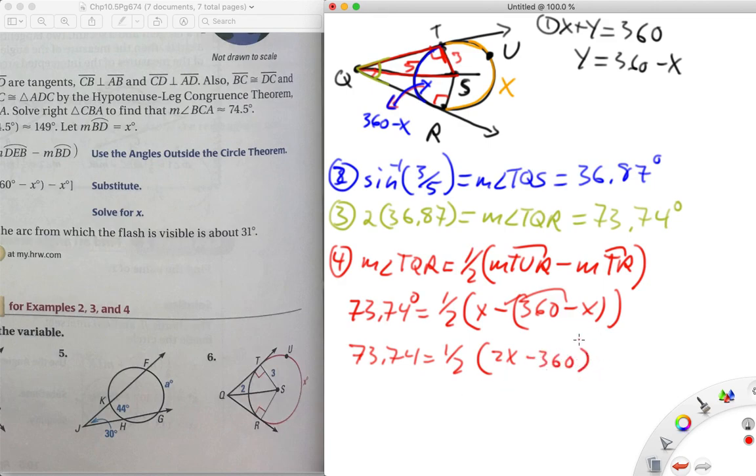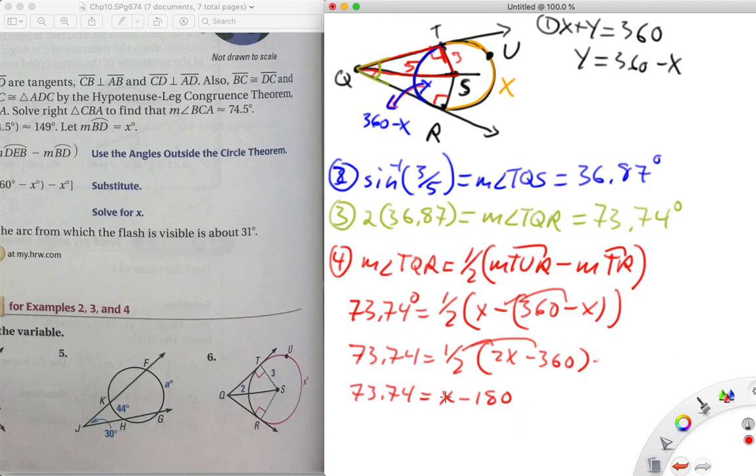Okay. Multiply by 2, add 360 on both sides, divide by 2, or if you want to distribute this 1/2 out, we can say that this is X minus 180. Actually, I'll rewrite it down here. I don't want to confuse people. So 73.74 equals X minus 180. So all I have to do is just add 180 to both sides.